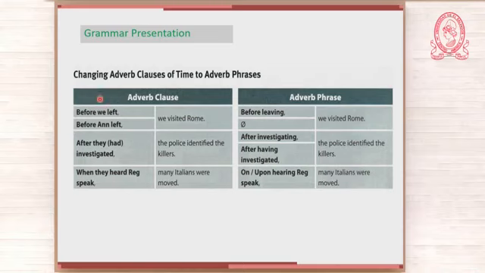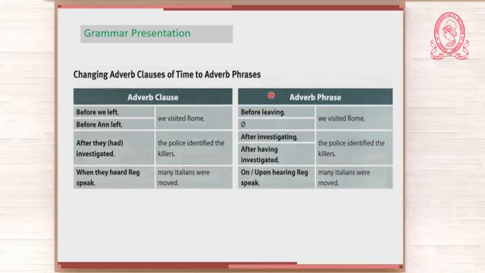Second, the principal verb goes to the ing form. Let us see what we have here. Before leaving, no subject. And the verb was in the past tense, and now it is in the ing form. So I say, before leaving, we visited Rome.